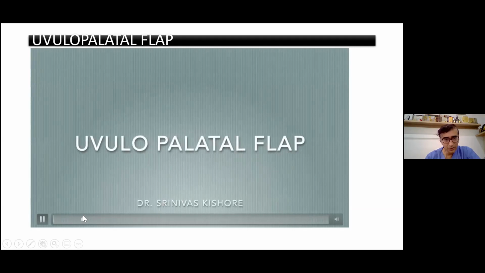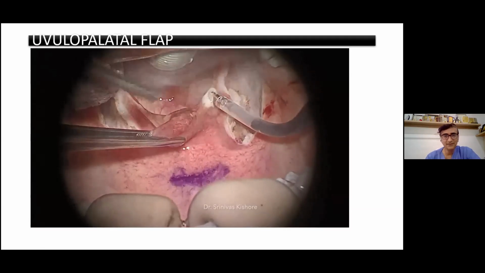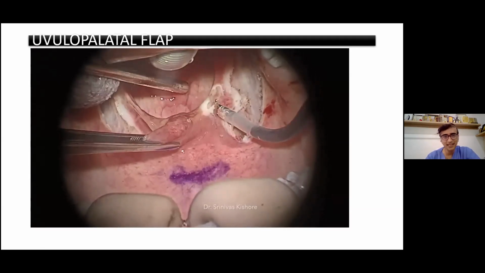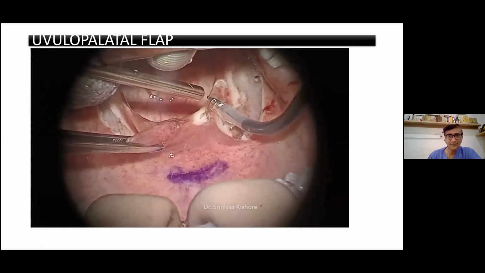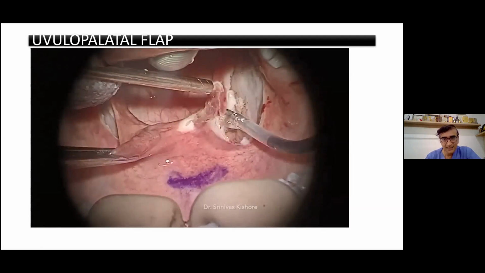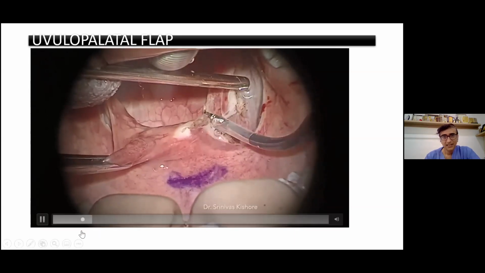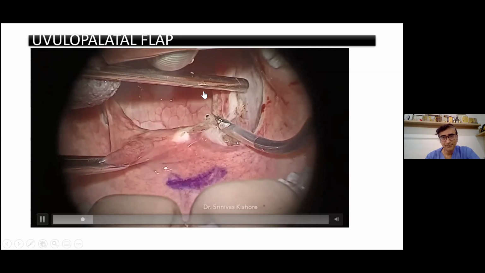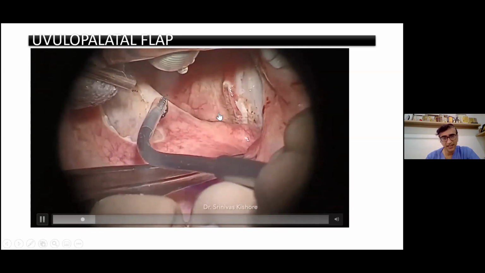Now, another procedure that you can do for anterior posterior collapse is the uvular palatal flap. This is a procedure that is very famous in Stanford, and a lot of us actually do it. Instead of the radio frequency, I'm using the Coblator SP wand. Again, remember, this is a procedure for anterior posterior collapse. So basically, you're cutting the medially arching fibers of the palatoglossus and palatopharyngeus muscle.